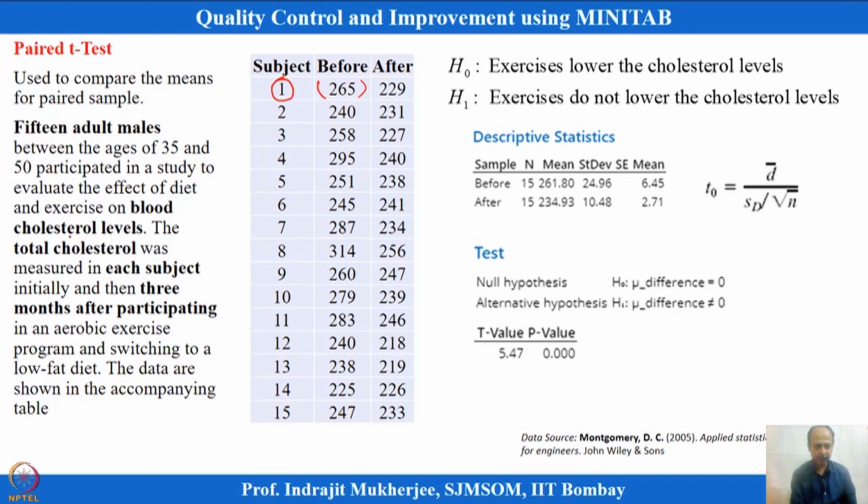Fifty participants evaluated the effect of diet and exercise, with data recorded before and after exercise. We want to see whether exercise has a positive impact in lowering cholesterol levels. Total cholesterol was measured in each subject, and then again 3 months after participation.